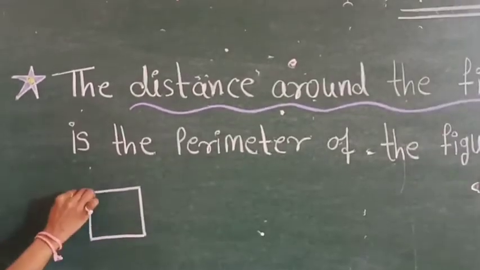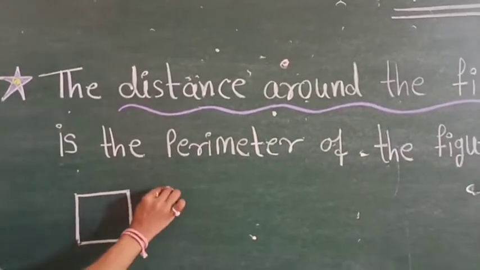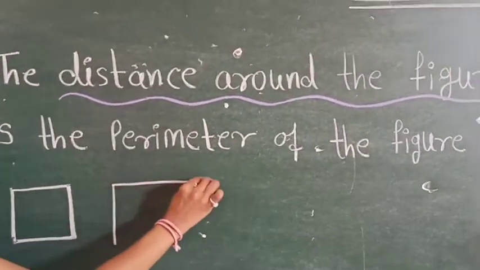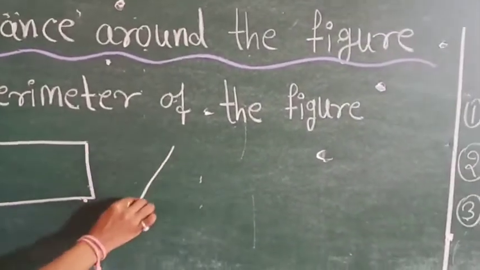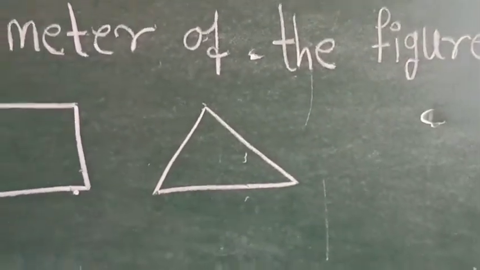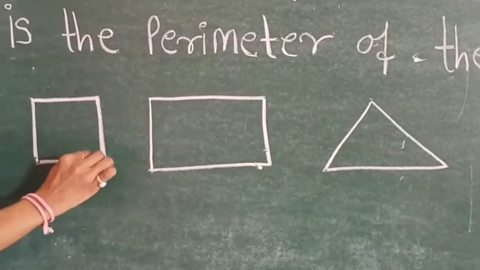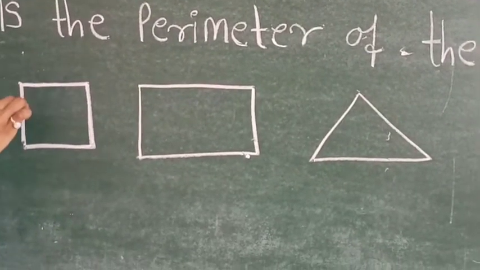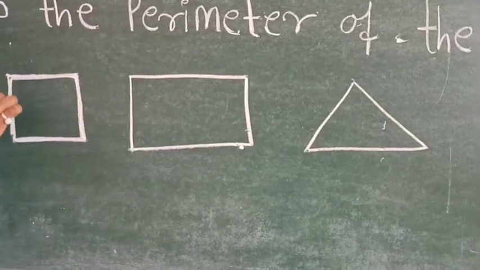I will draw a square. This is a figure. This is a rectangle and this is a triangle. Okay. So perimeter is the outer distance, which is called perimeter.